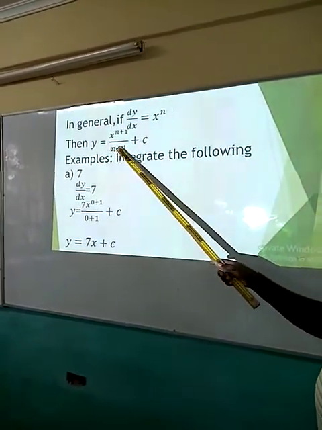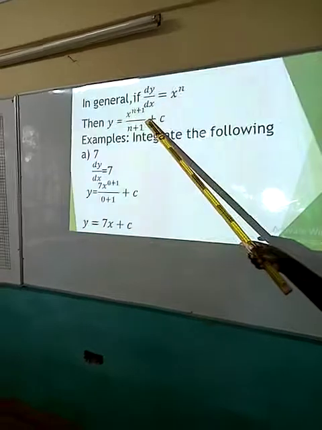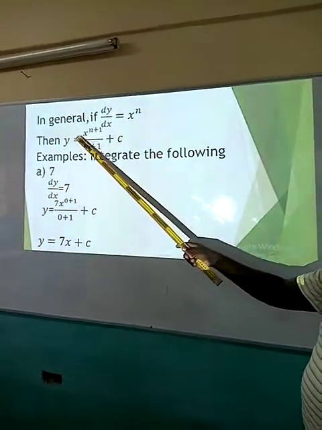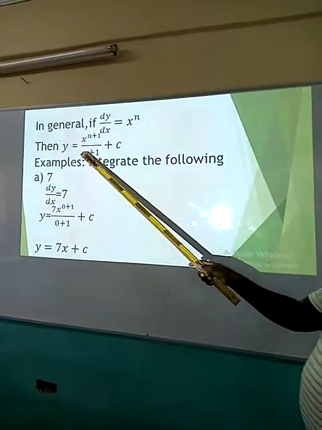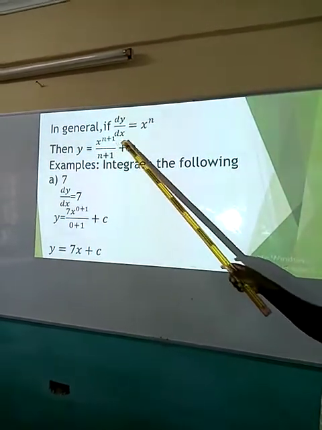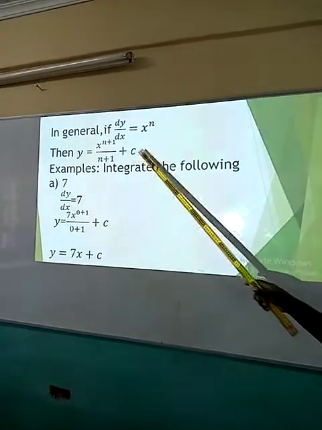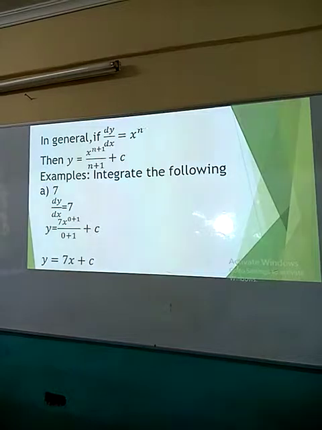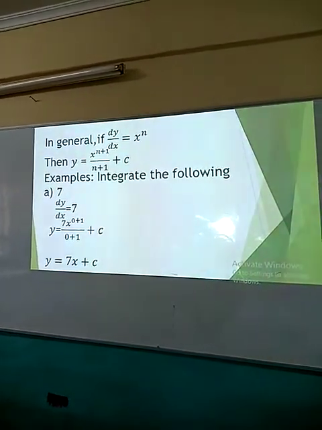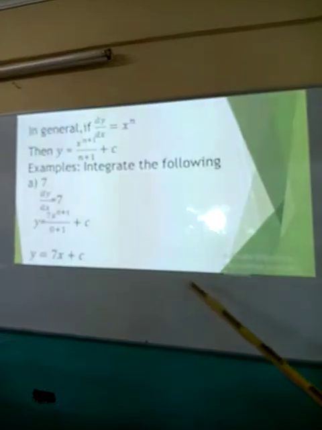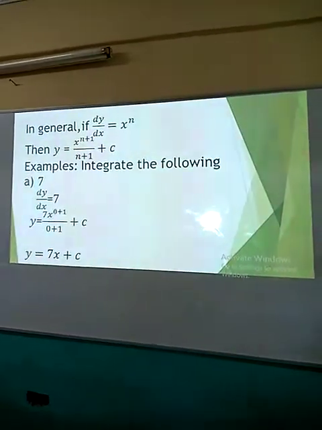We divide by that new power, which is n + 1, plus a constant. If we are looking at real examples, n would have a value, and so the next stage from this would simply be simplifying. We have already integrated. So I want us to look at a few examples here so that we are able to understand the concept of integration.